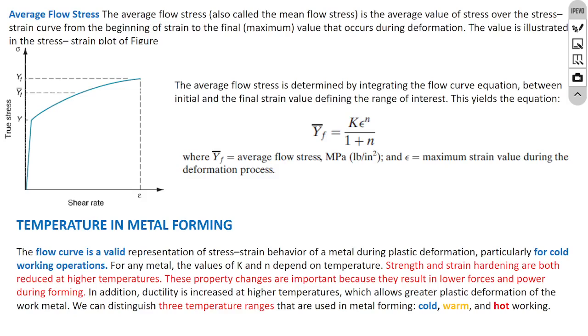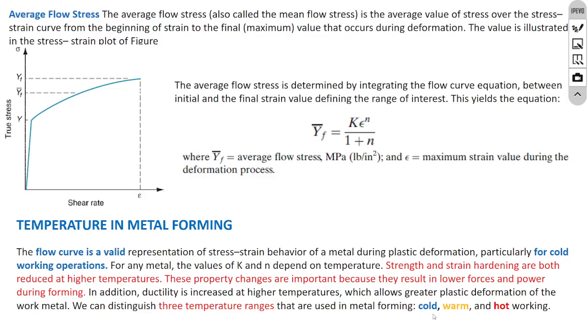Temperature in metal forming is important. By increasing the temperature, we can decrease the necessary stress value. We can decrease the magnitude of the force that is to be applied for the deformation. Three temperature ranges are defined: cold metal forming, warm metal forming, hot metal forming.